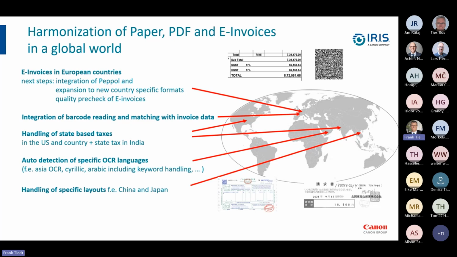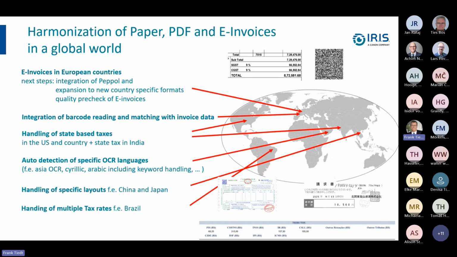Because only with a good full text, IRISXtract, the invoice reader, has a chance of finding the invoice data on the document. You see below two examples from China and Japan, and you see that these are special layouts, and sometimes stamps cross out or destroy the OCR information, and this is also a challenge.